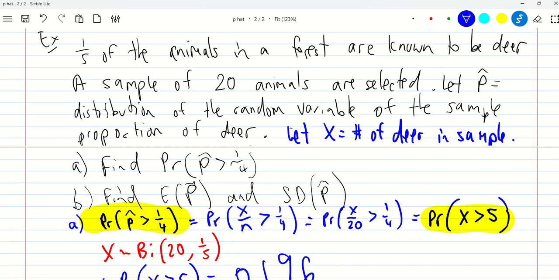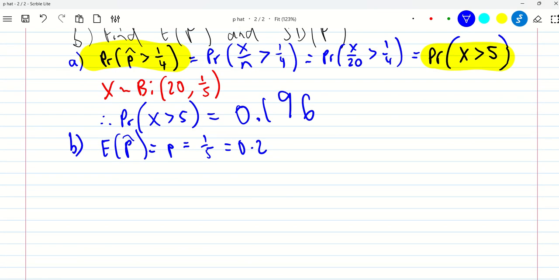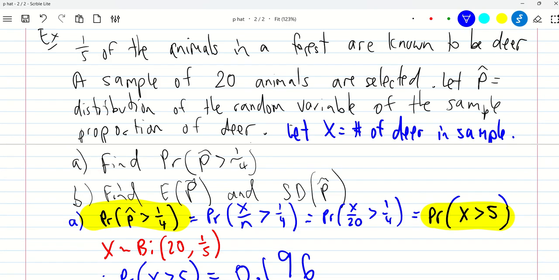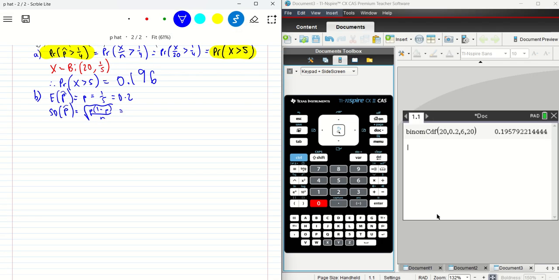And lastly, what do we want? We want standard deviation, which is the square root of that. Standard deviation of p hat equals, and I've already forgotten the formula, the square root of p(1 minus p) over n, and I might just go and totally put that in the calculator.